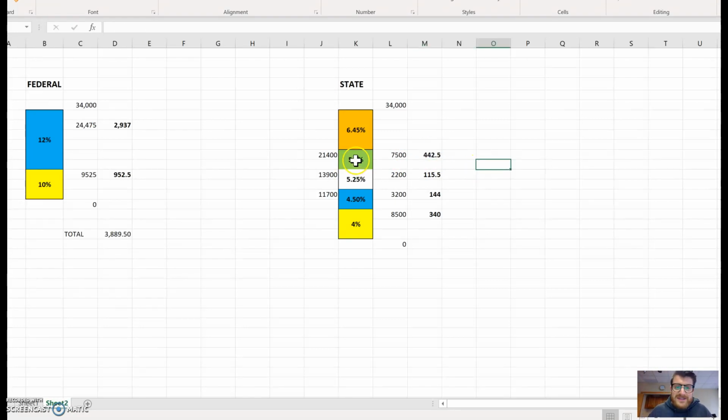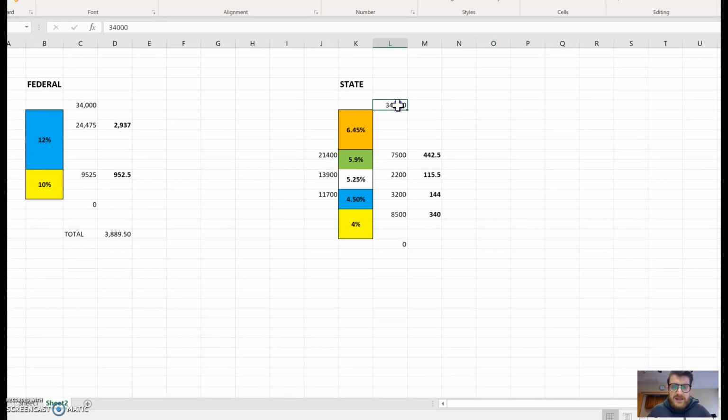All right, now lastly, from our $21,400 all the way up to our $34,000, because we don't make it to the next tax bracket. You have to make over about 81K to make the next tax bracket. So we need to figure out how much money we have left to get taxed on after our $21,400.